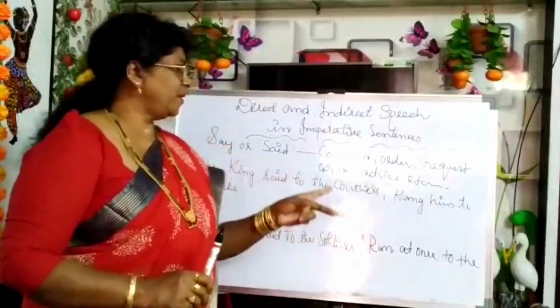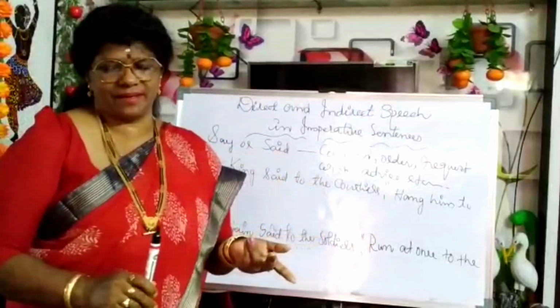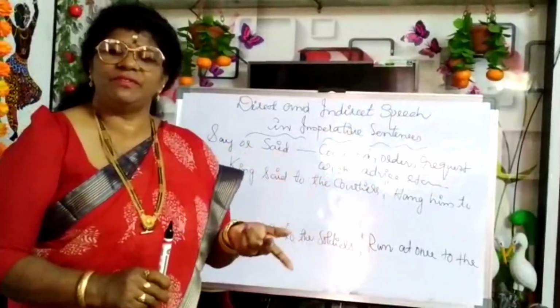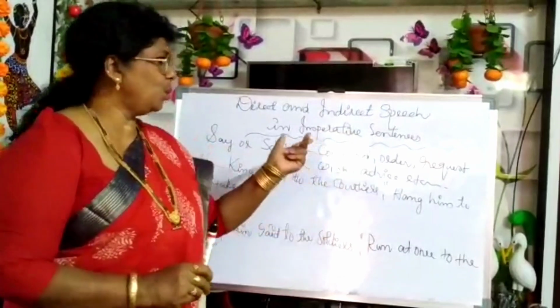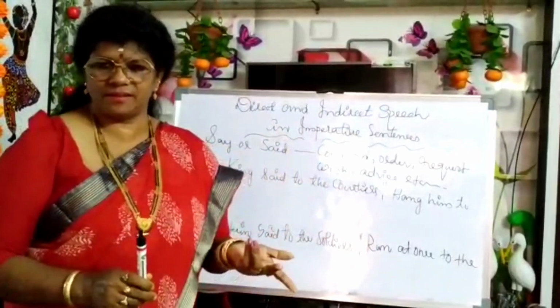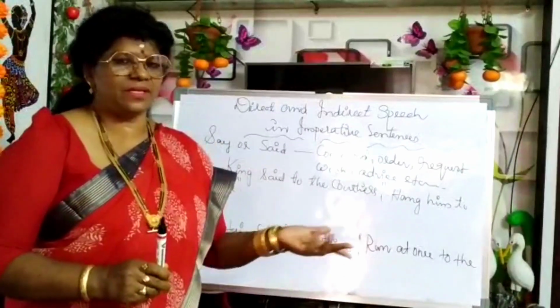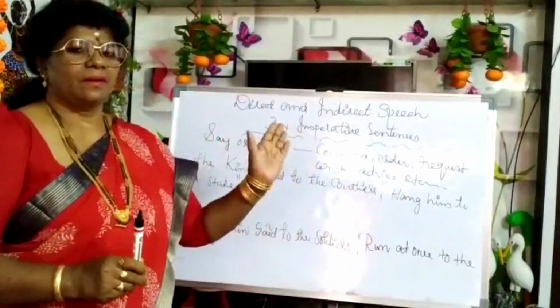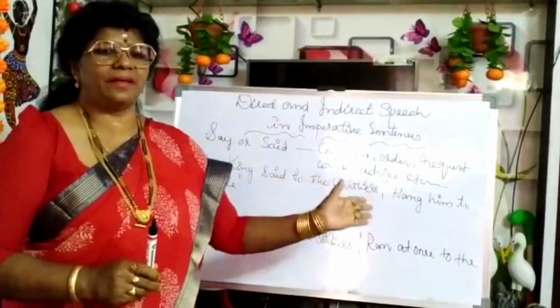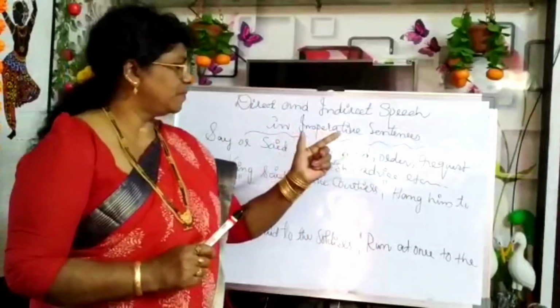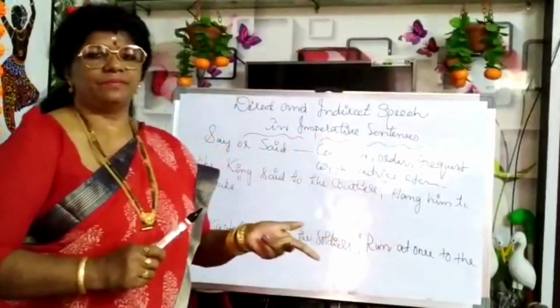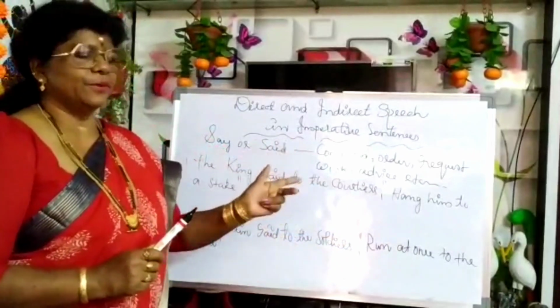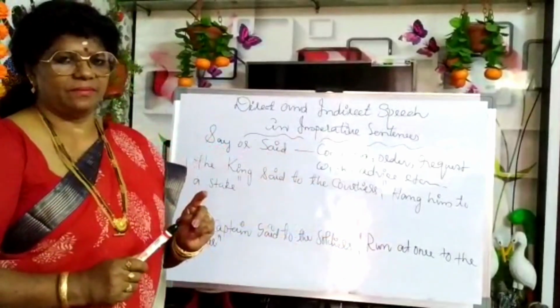Direct and indirect speech in imperative sentences. In the last class we were discussing how it works in assertive sentences. We studied that between reporting speech and indirect speech we use "that" as a conjunction.